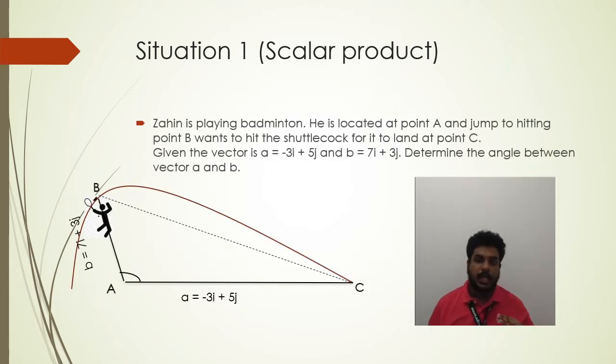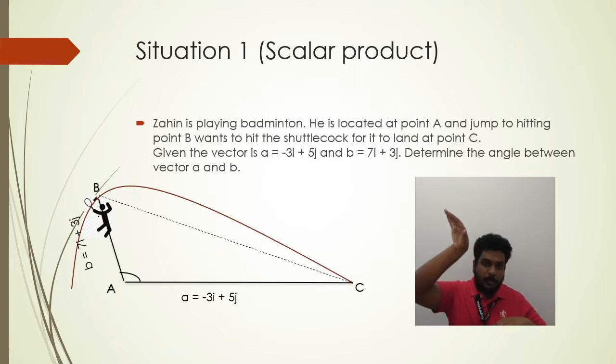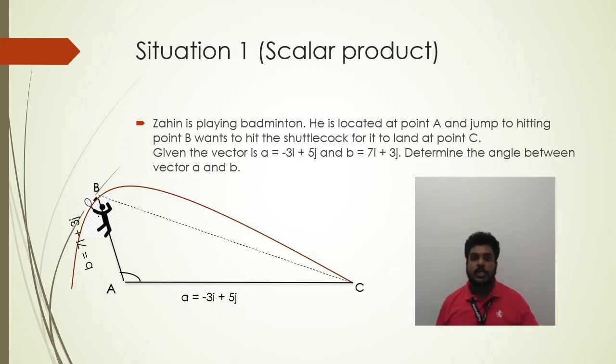He is located at point A and jumps to hitting point B. Once there, he wants to hit the shuttlecock for it to land at point C. Given the vectors A equals 3i plus 5j and B equals 7i plus 3j, the question is to determine the angle between vector A and vector B. The solution is given by Zahim.